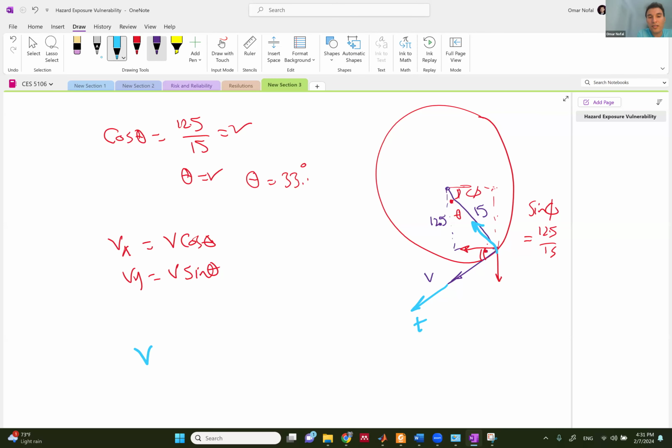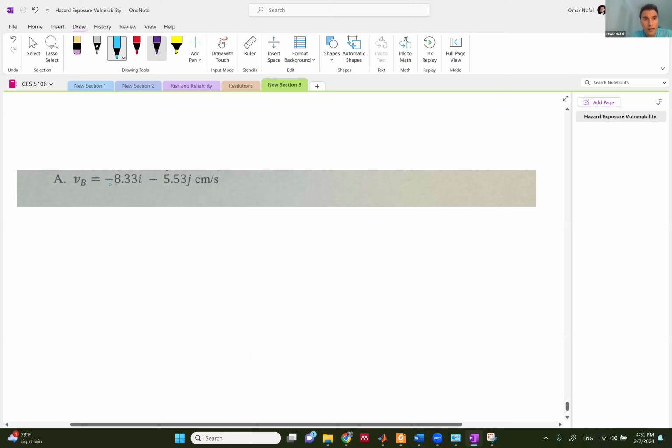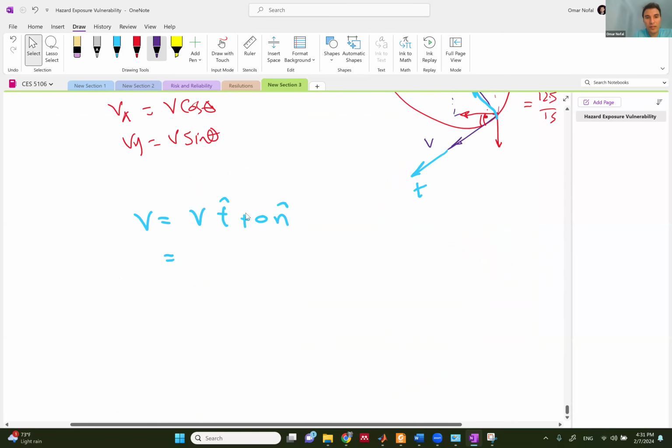So the whole V is in the tangent direction and 0 is in the n hat direction. Given velocity is 10 centimeter per second, so this is going to be 10 in the tangent direction plus 0 in the n hat direction.